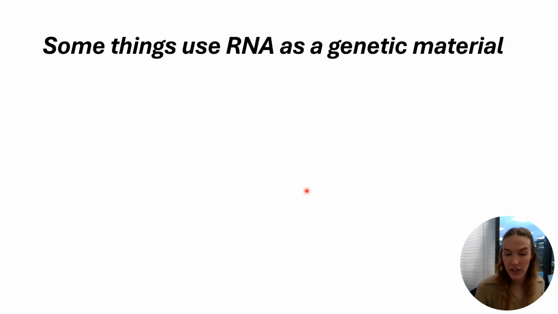Now, I also want you to understand that we're going to be talking a lot about DNA for basically the full week of classes, right? We're talking about mostly DNA, but I do want you to understand that some things use RNA as a genetic material. And the thing that uses it is the thing that is usually the exception in biology, which is viruses. Viruses can use RNA as a genetic material. They can use DNA as a genetic material as well.